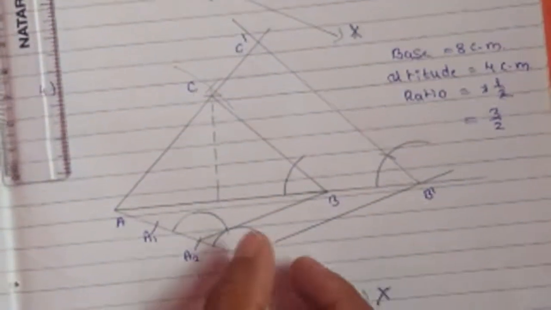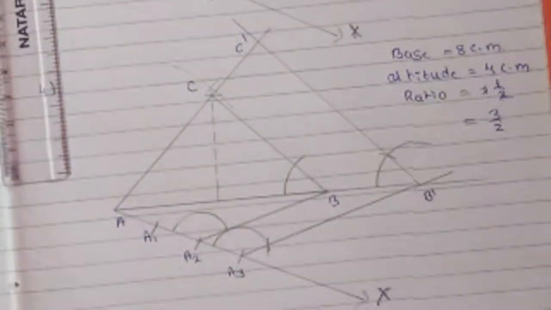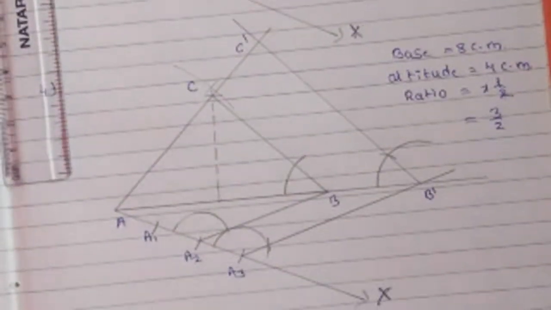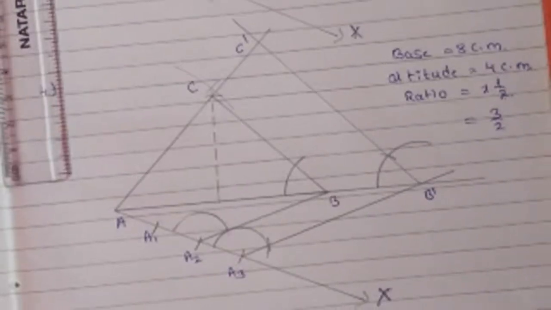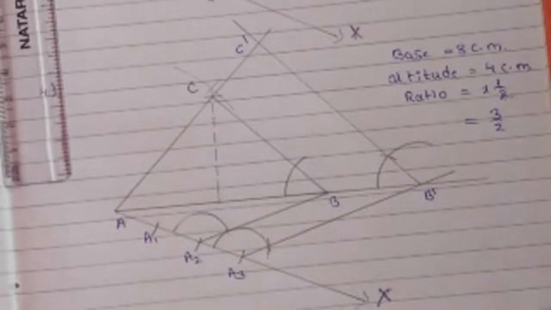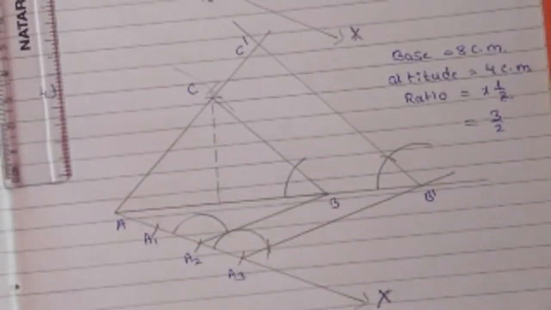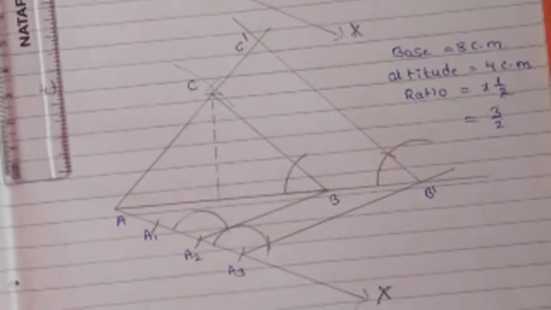Okay, see, these two lines are parallel to each other. Similarly, these two lines are parallel to each other. Okay, so this is the method of constructing the triangles, similar triangle.